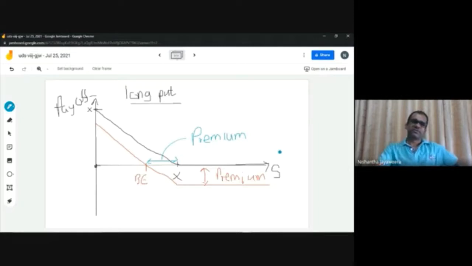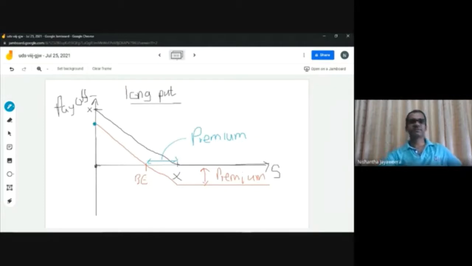Now, what is your maximum loss as a put option buyer? Premium, right? What is your maximum gain? The exercise price less premium.